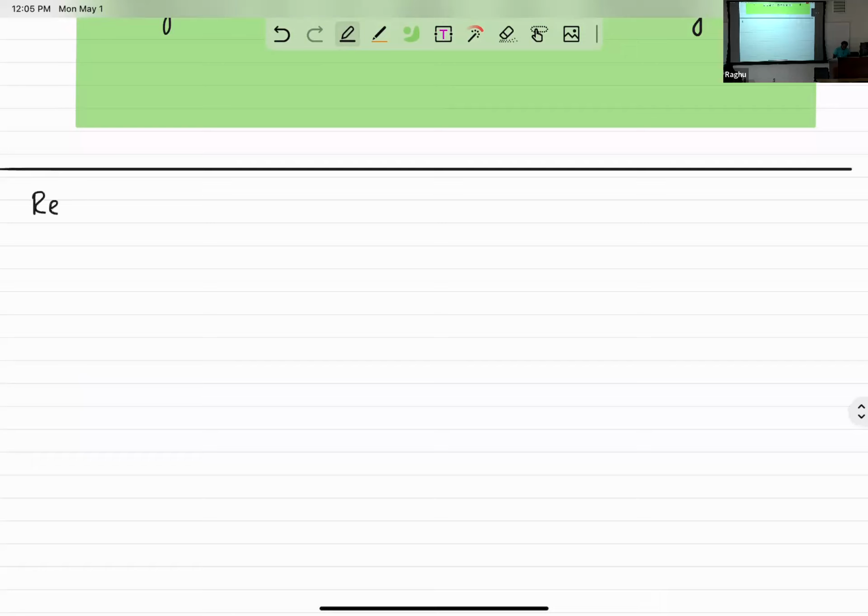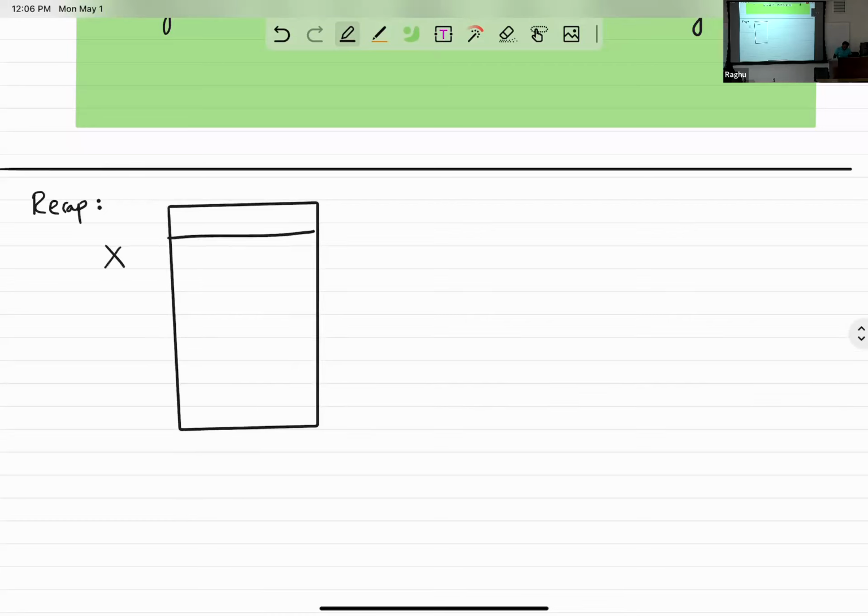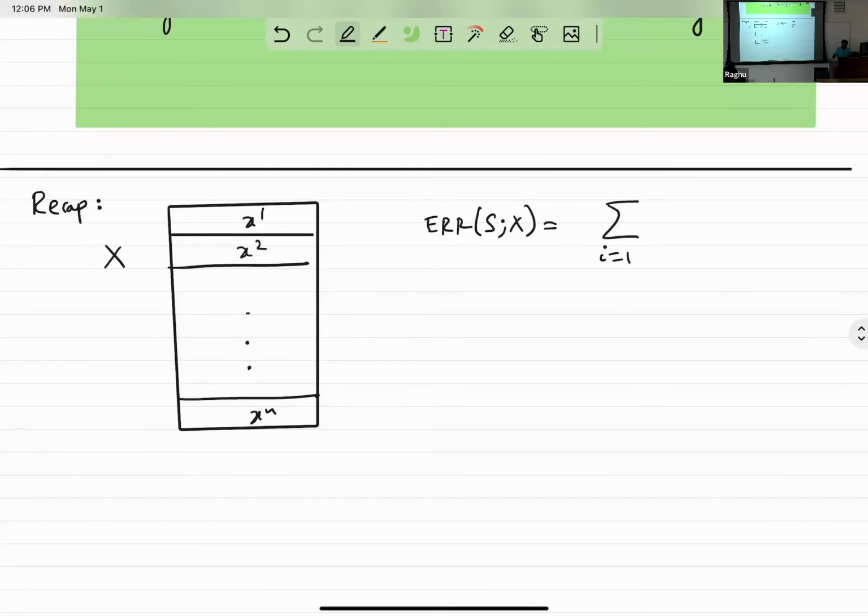Okay, so just to recap, if we had a matrix, and we have a data set really, x1, x2, and so on. We had the error notion for any subspace, which was to look at each data point, how far the point is from this span, from the subspace that I'm looking at.